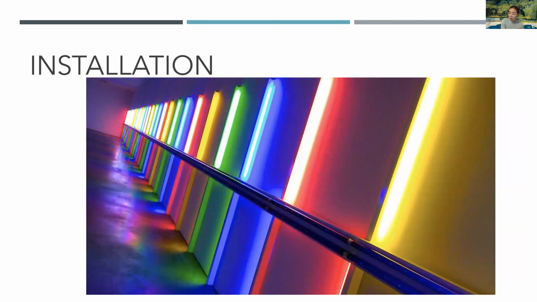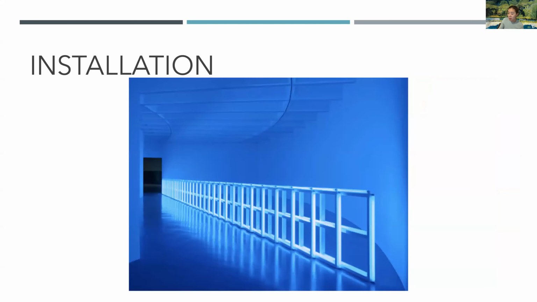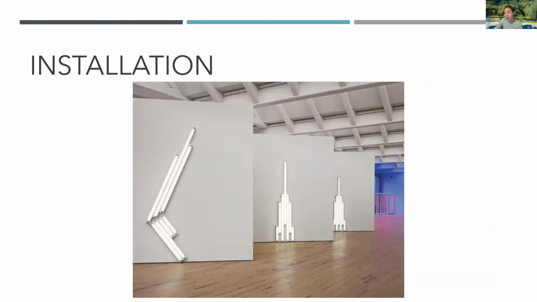Minimalist artists' sculptures were shown carefully positioned in the architectural spaces of a museum or gallery. And artists created installations and spaces conceived of as works of art for viewers to enter and experience.